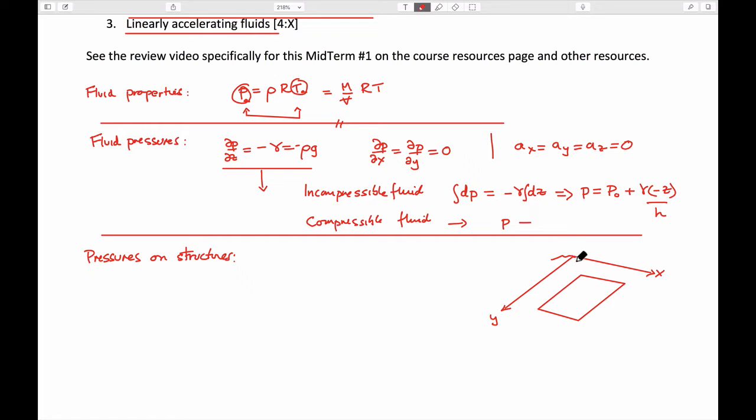This is the surface of the fluid that goes along this point. And importantly, we want to be able to understand the magnitudes of the pressures that are acting on this, the size of the pressures, and also where they act.